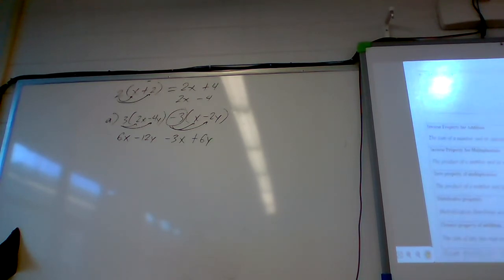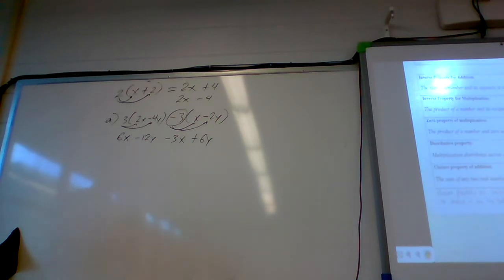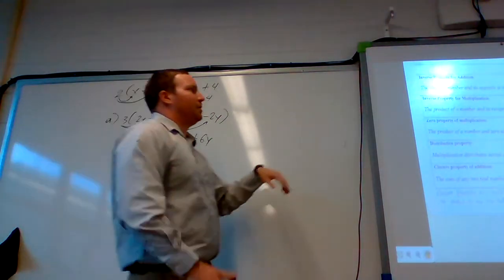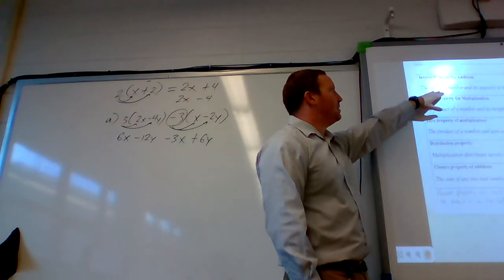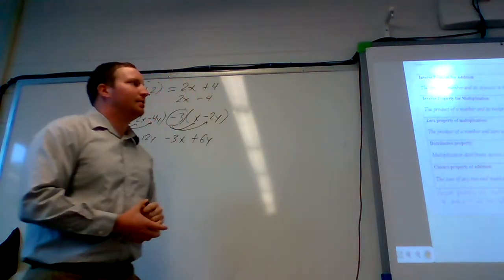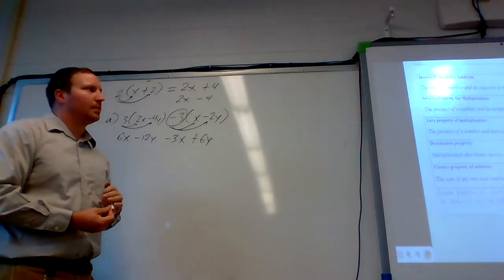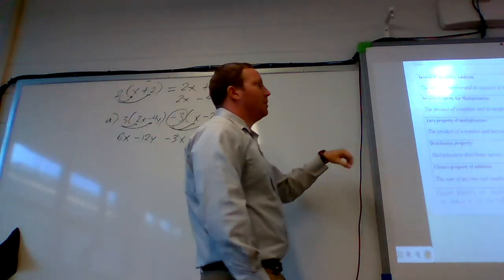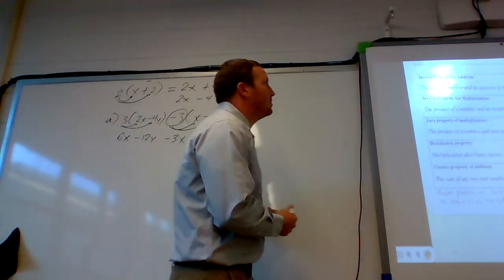Okay, so here are some of the other properties that we're going to look at today. So we have the inverse property for addition: the sum of a number and its opposite is equal to 0. Let's demonstrate that one.